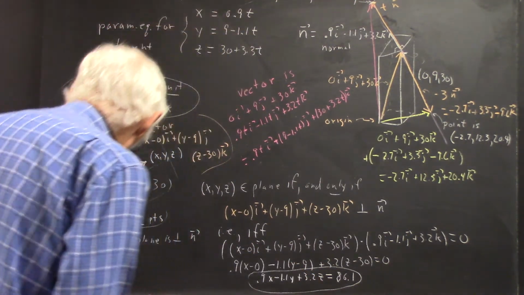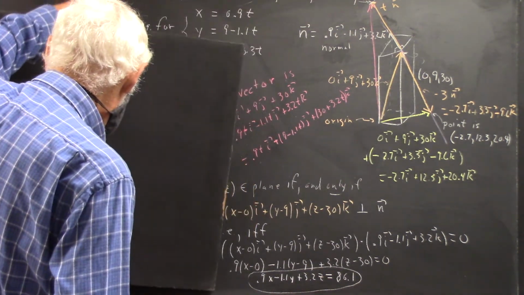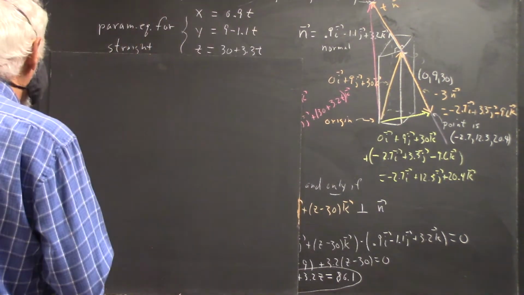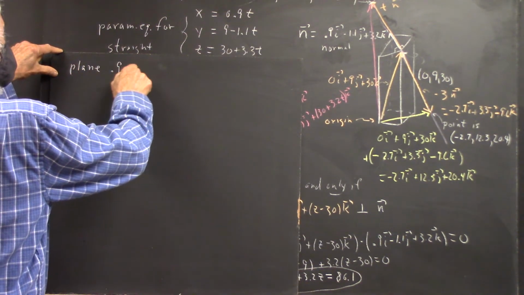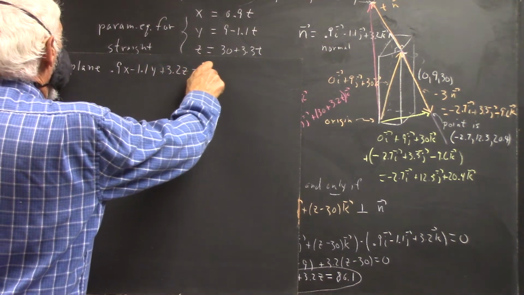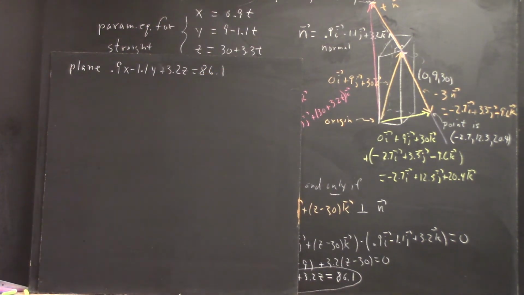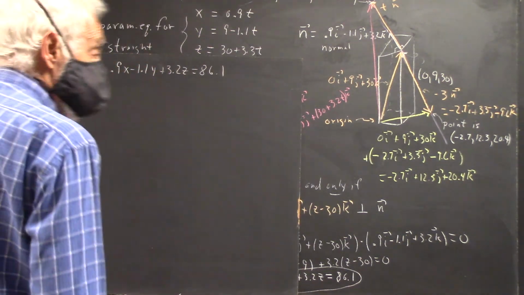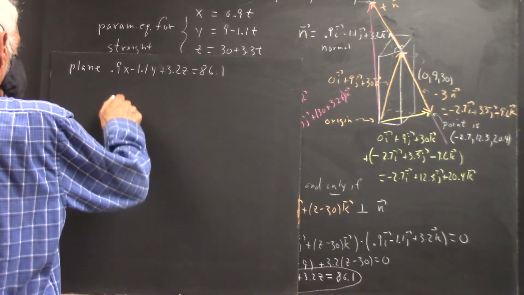Now let's see what good that might be. I kind of think I did the arithmetic right, but naturally, trust but verify. There's your plane. Now let's see what that plane might look like in 3 dimensions.